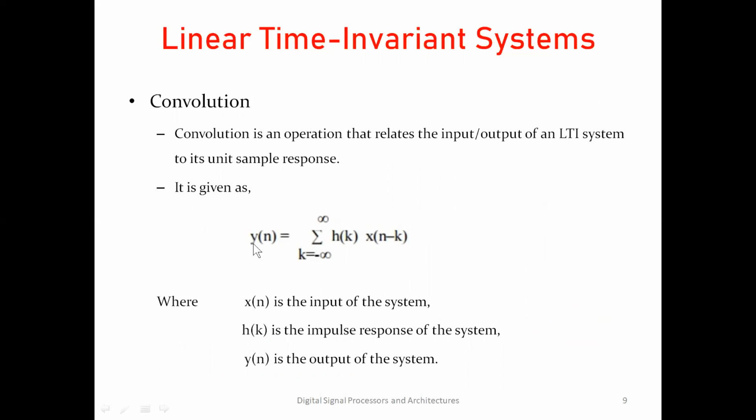The output of an LTI system is the convolution of the impulse response and the input. So y of n is sigma k equal to minus infinity to infinity h of k multiplied by x of n minus k. As we have already discussed, x of n stands for the input of the system, h of k is the impulse response of the system, and y of n is the output of the system.